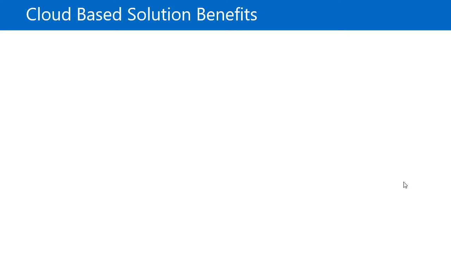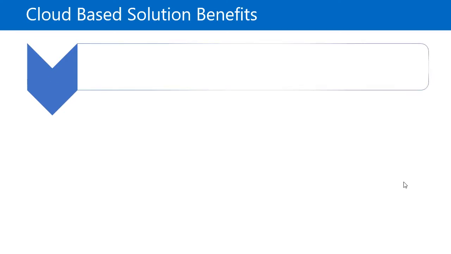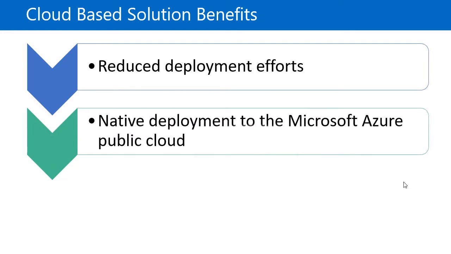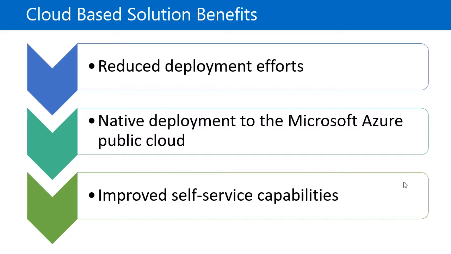Some of the benefits provided by cloud deployment services are the ability to significantly reduce deployment effort and complexity, native deployment to the Microsoft Azure public cloud, and self-service capabilities that will help minimize requirements and make it easier for users to perform an installation.